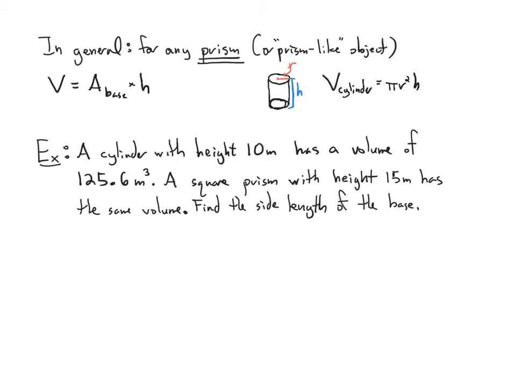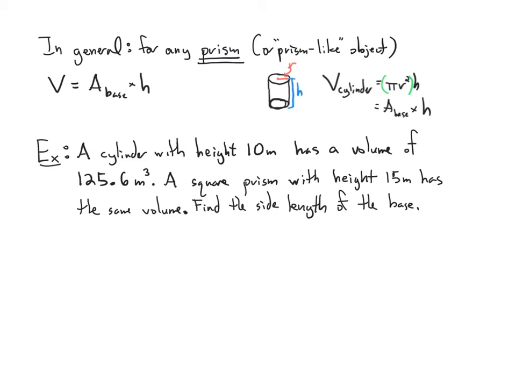But if we think about that formula, it is indeed just the area of the base times the height. The area of the base is pi r squared. So again, this is just the area of the base times the height. And that works for any prism-like object.